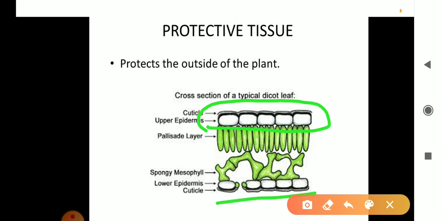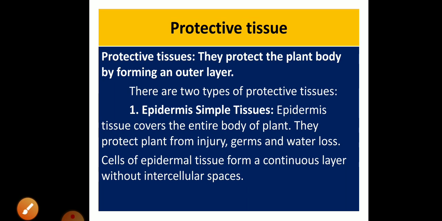Now see the lower epidermis. This is also a compact type of cells. There is no interspace in between them. Then this tissue protects the plant from the entry of water and germs into the body of the plant.